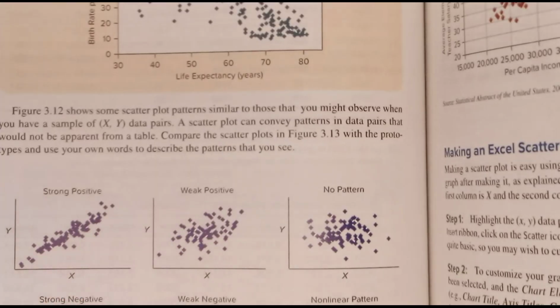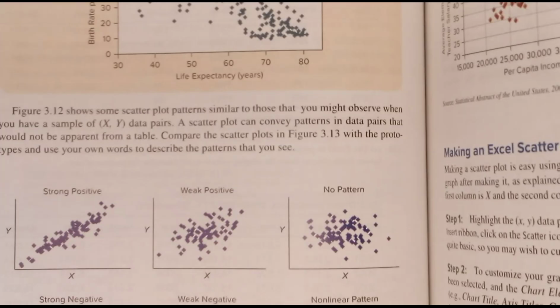Not only as I increase in X do I increase in Y, as I decrease in X, I decrease in Y, but they're fairly tightly clustered together. The further apart they are, the more spread there is vertically around that line I'm thinking of, the weaker this relationship gets. All the way over there on the right, it appears that there's no real pattern going on at all.